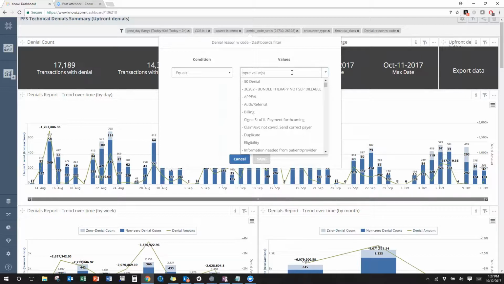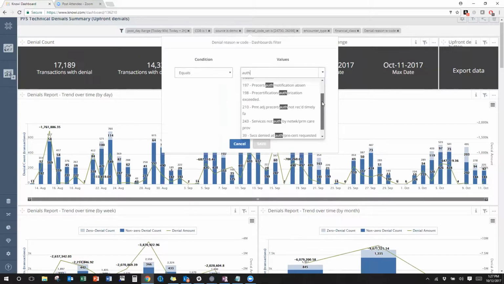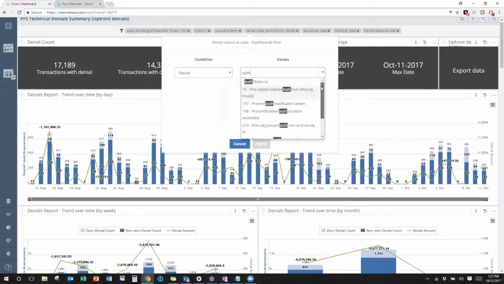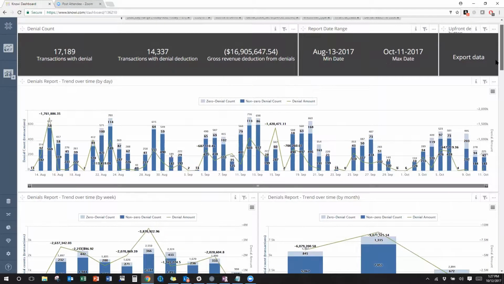One insurance company is different from the next, so it might be hard to bundle these reasons. However, with Knowi, you have filtering, and you can say, I want all the authorization-related denials in here to analyze them together. This search feature allows you to bundle those in a really easy and quick way. Not going to do that because I think we have other use cases to attend to.